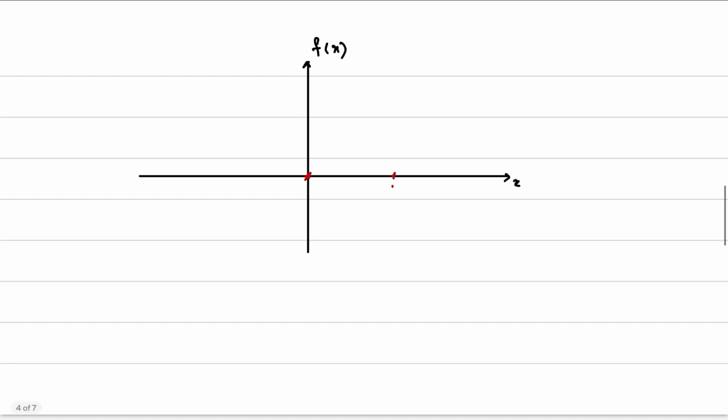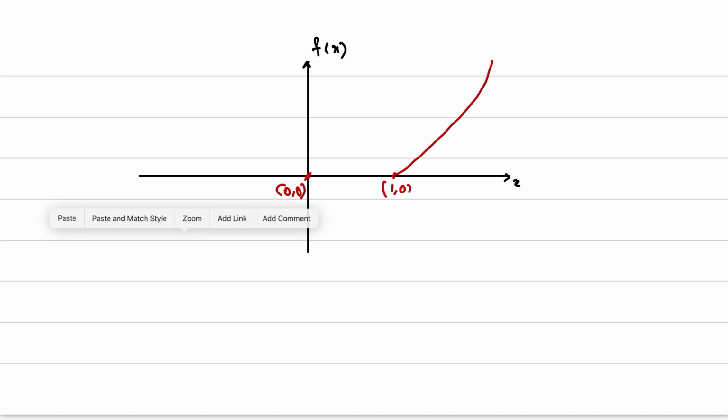This is another point. 1, 0. This is 0, 0. But beyond 1, it is always positive. Beyond 0, it is always positive.